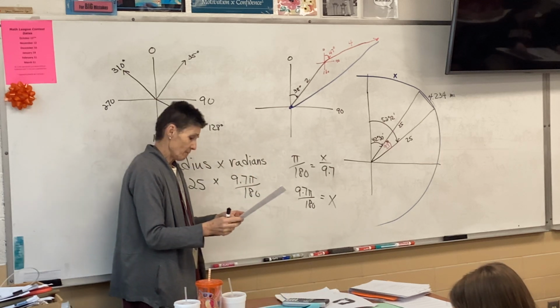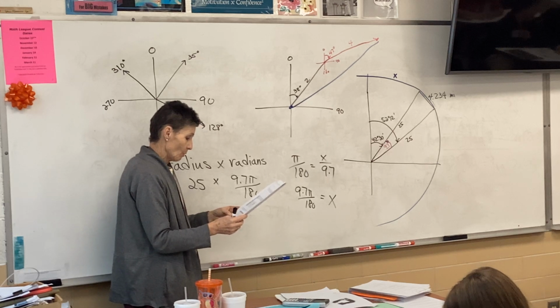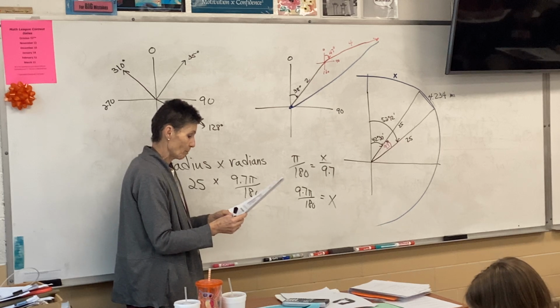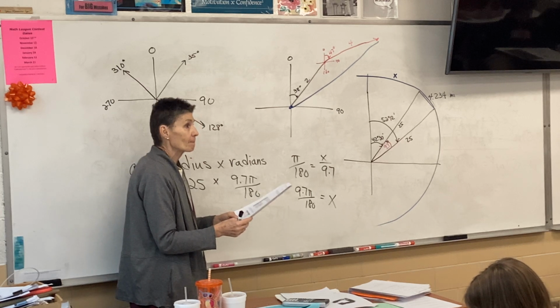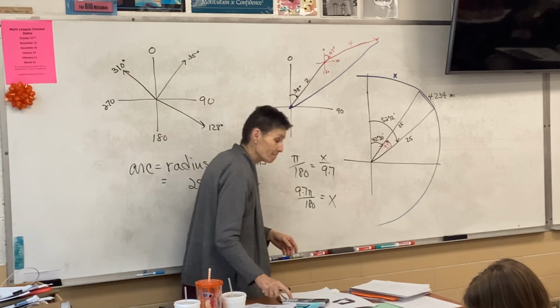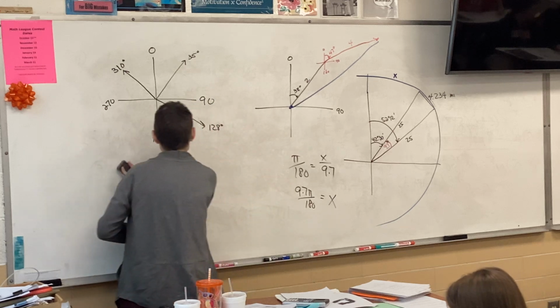Now, letter A. Find the speed of each vehicle in miles per hour when the wheels are turning at 800 revolutions per minute. Okay. Let's talk about this.